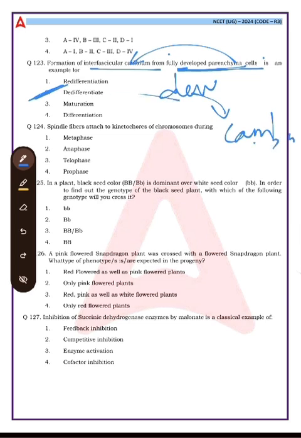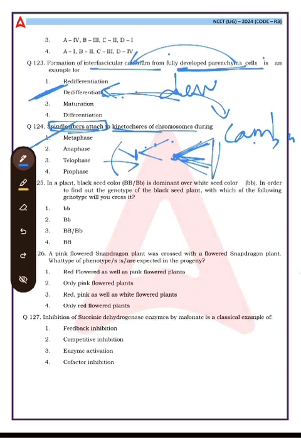Next, spindle fibers attach to kinetochores of chromosomes during which phase? During metaphase only, the kinetochores of chromosomes attach to spindle fibers.